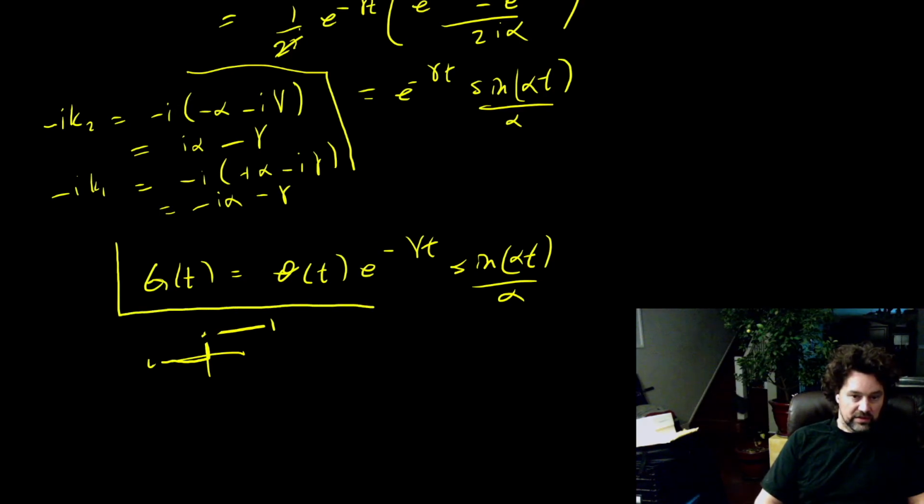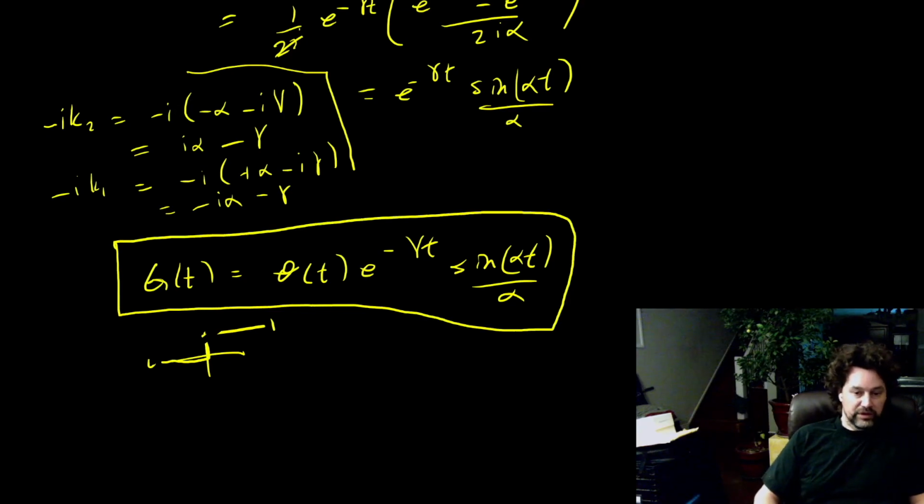This is the convolution kernel that we arrived at by Fourier transforming our differential equation, finding out what the inverse Fourier transform was of the difference.